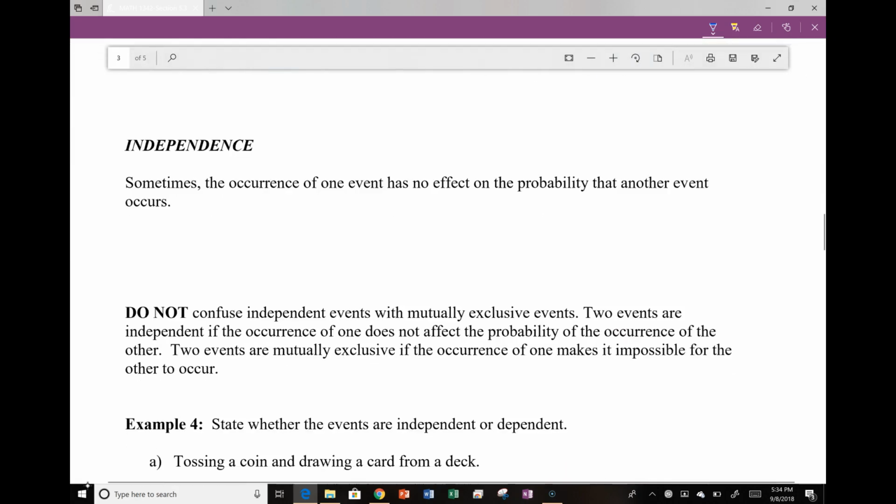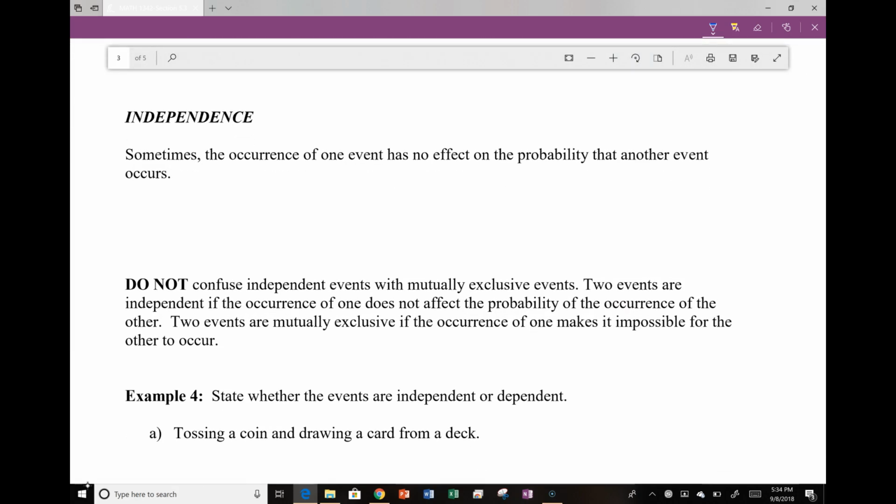Now, we need to talk about a concept called independence. Sometimes the occurrence of one event has no effect on the probability that another event occurs. So let's think about drawing a card from a deck of cards.